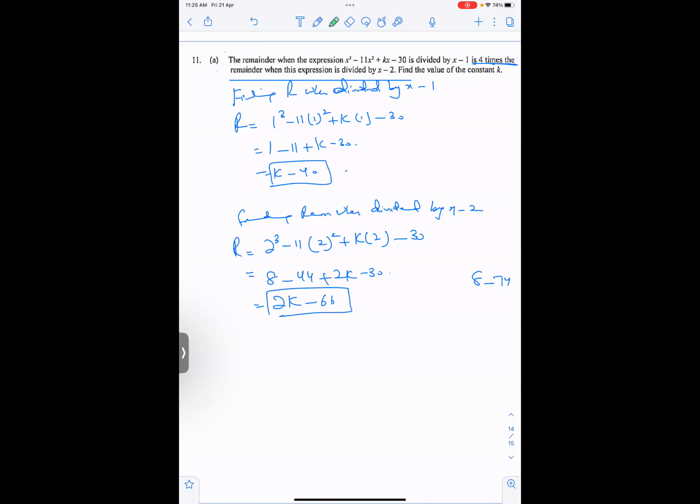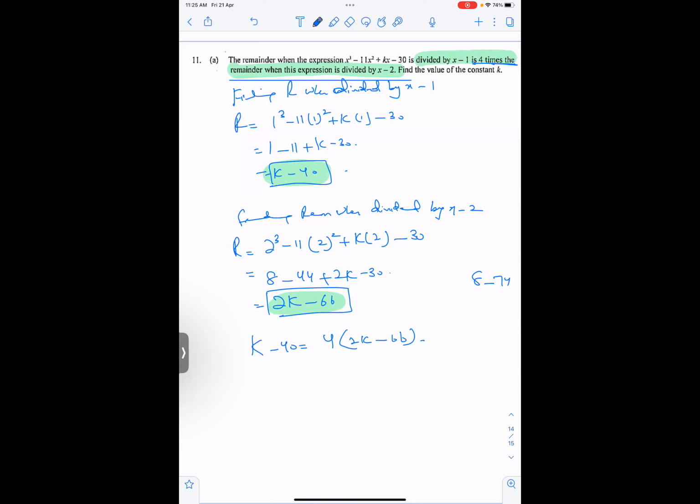Now let's make the equation saying this remainder is 4 times the remainder when it is divided by x minus 2. That means this remainder equals 4 times this remainder. So 2k minus 66.